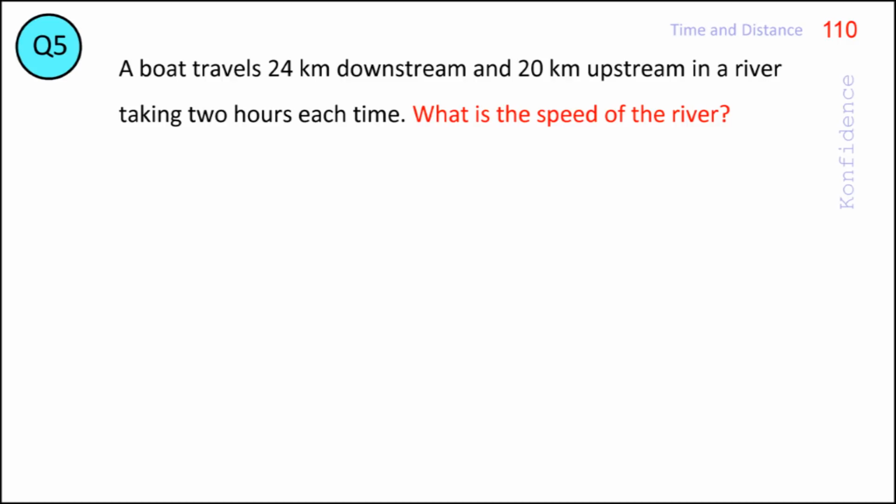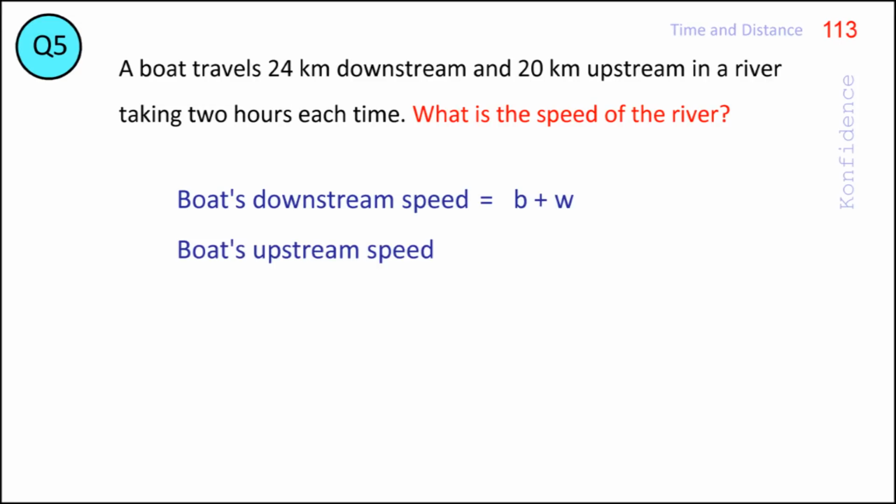As the river is aiding the movement of the boat, the effective downstream speed is given by speed of the boat plus speed of the river. So the downstream speed is b plus w. In the upstream direction, the movement of the boat is opposed by the river. So the upstream speed is b minus w.